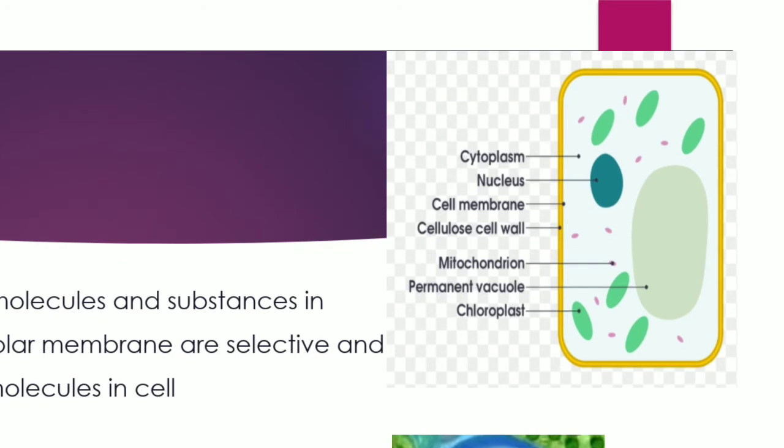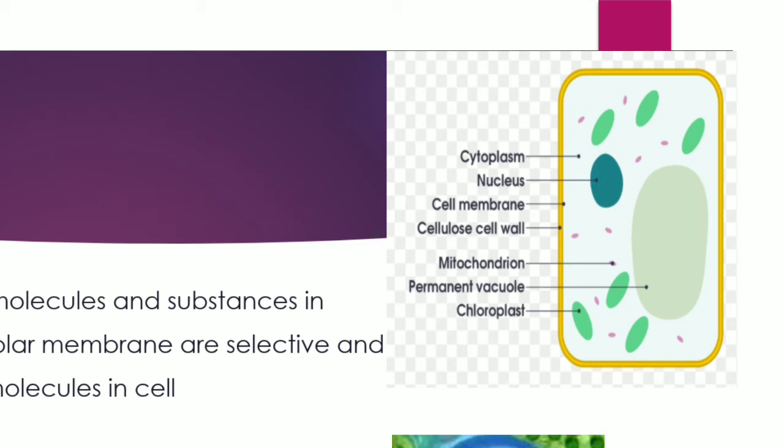Now we have to see the cell structures which are involved in osmosis. First one is cytoplasm, which maintains the concentration gradient for the movement of water molecules. Next one is the cell membrane, which is a selectively permeable membrane and it surrounds the cytoplasm.